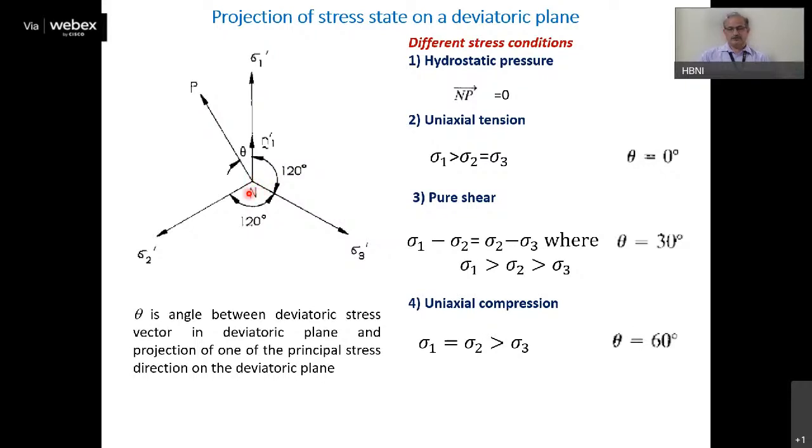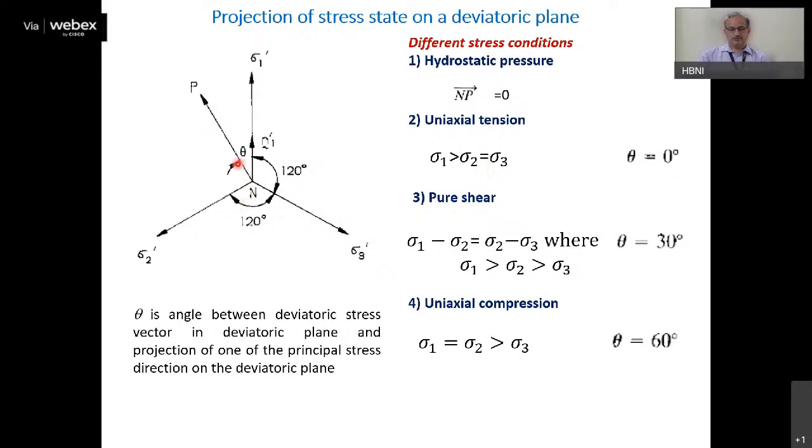You can consider other cases like uniaxial tension. For example, if you consider sigma 1 as the direction of the tensile load, then sigma 1 will be larger than sigma 2 and sigma 3, and these components will be equal. If it is uniaxial tension without any pressure, sigma 2 and sigma 3 will be 0.